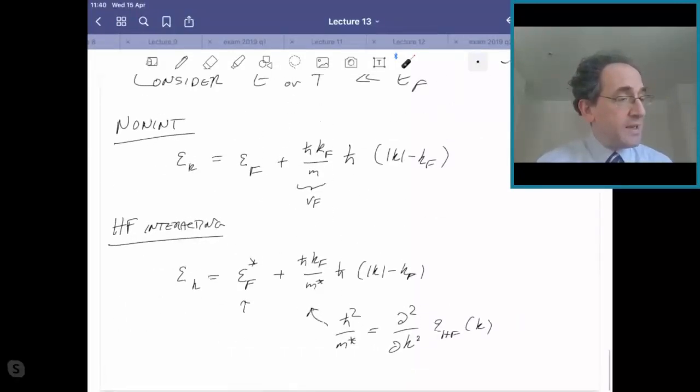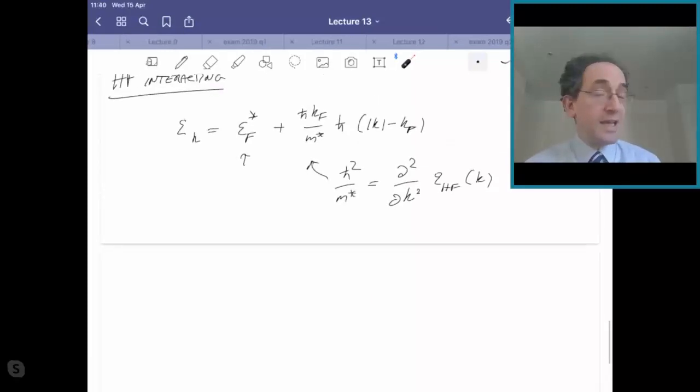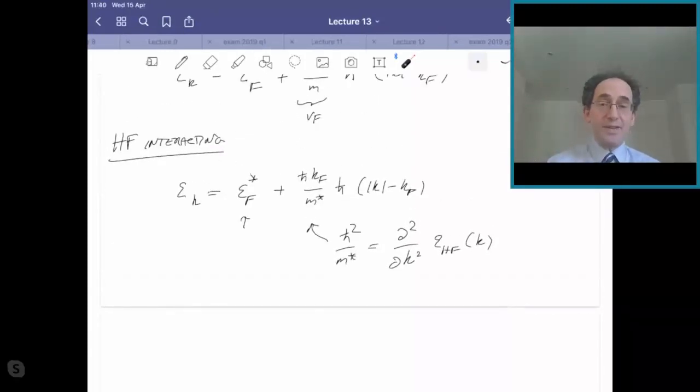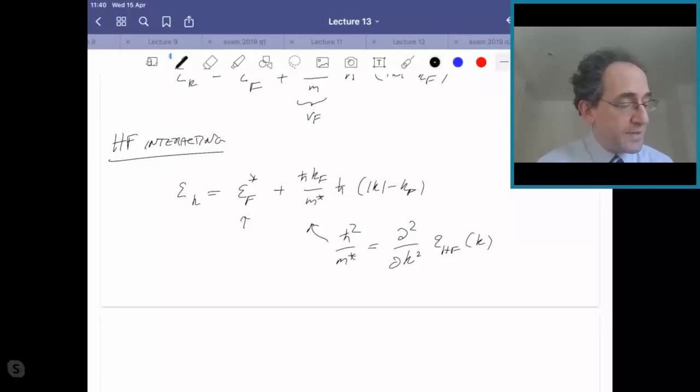Now in helium-3, for example, where we don't have this problem associated with long-range Coulomb interaction, maybe I'll even write this down: for helium-3, m star ranges from 2 to about 6 times the bare mass of helium-3, depending on the pressure and temperature that you're working at.